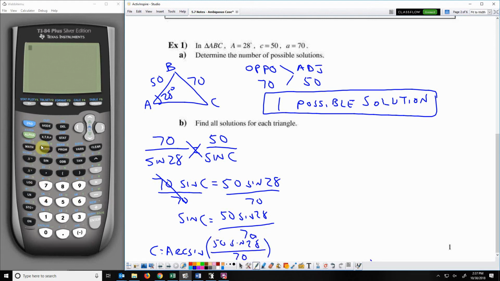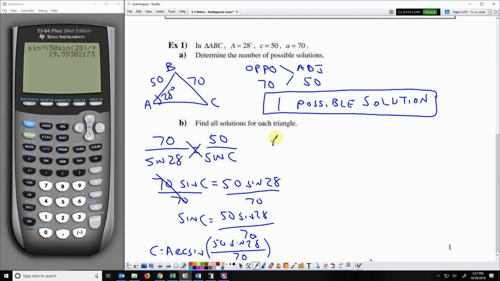So in my calculator, second sine, so now I've got arc sine, 50 sine 28, close those parentheses, divided by 70. And I get 19.593. I'm going to keep 3 decimal places here, so 19.593.